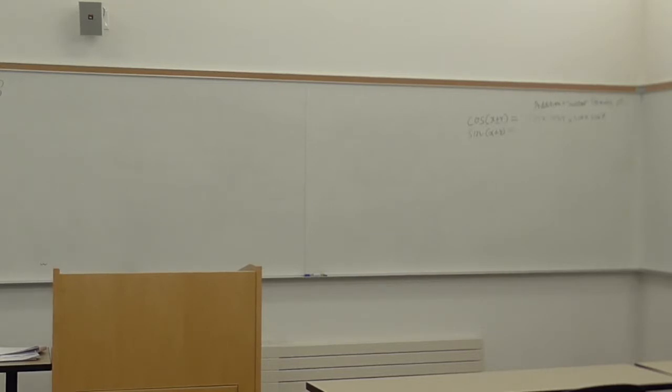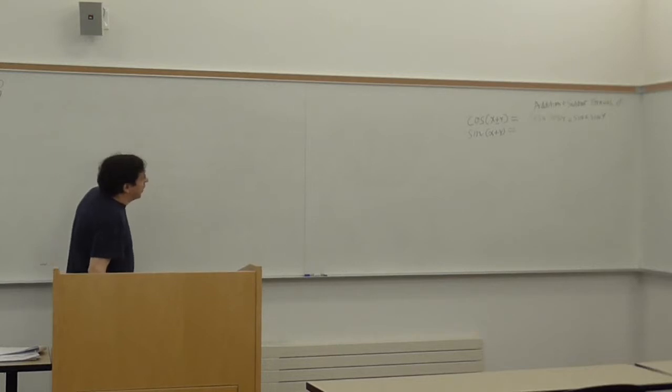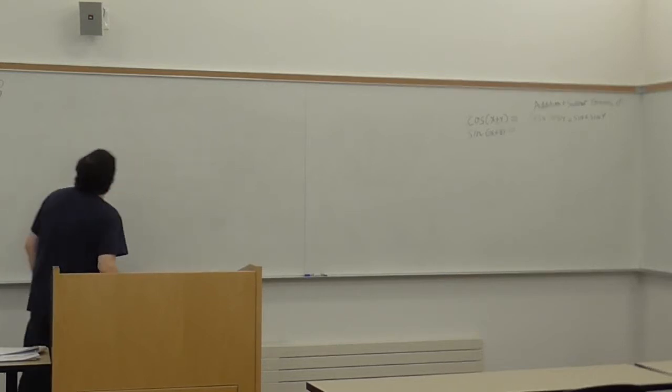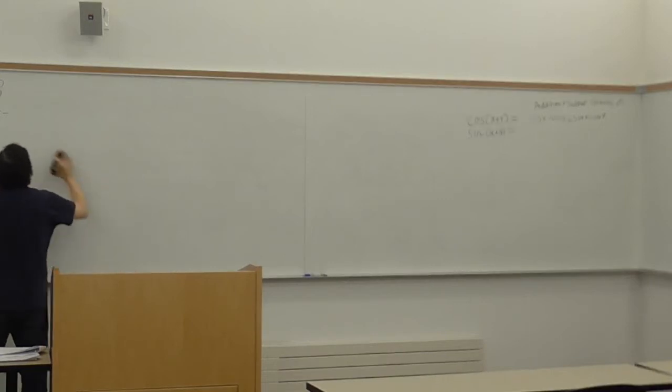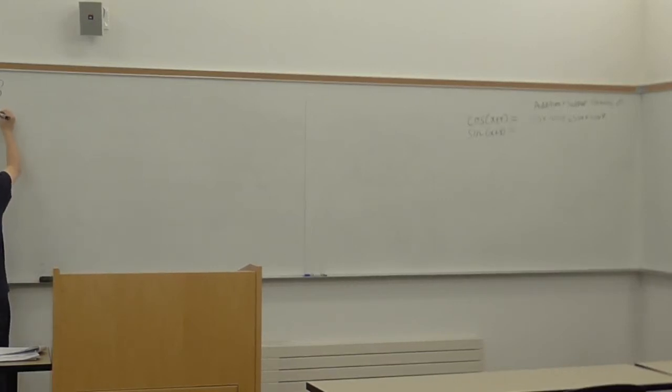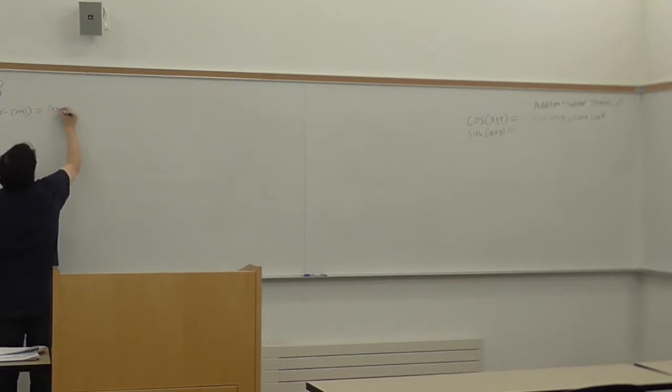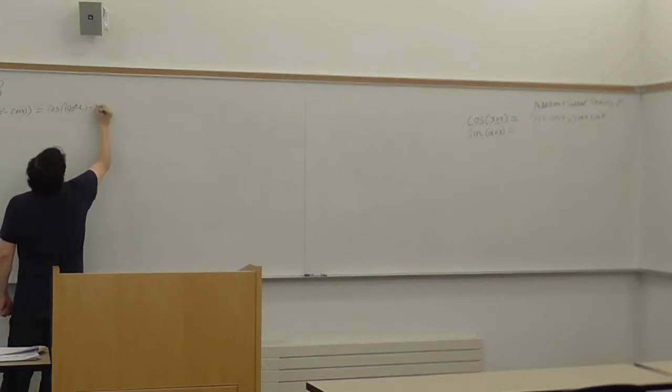So how are we going to apply this? Well, we want sine of x plus y. But according to our identity, that's cosine of 90 minus x plus y, which I want to rewrite as cosine of 90 minus x minus y.